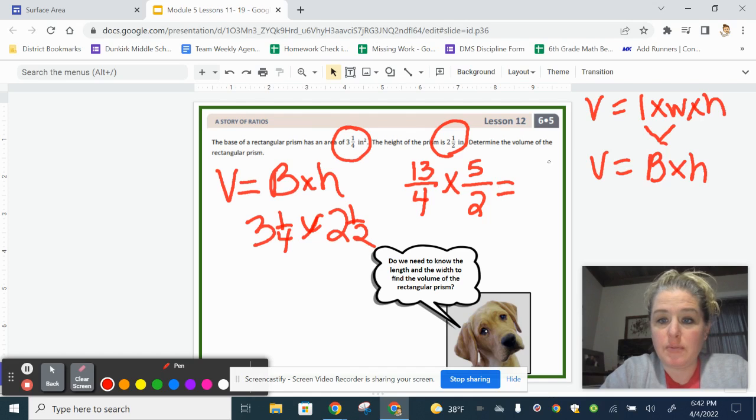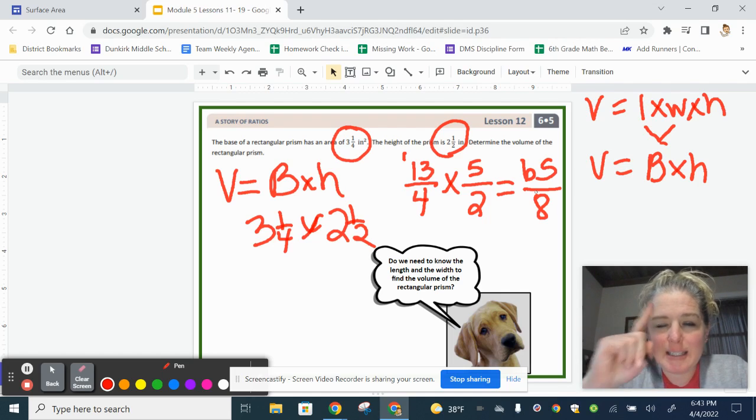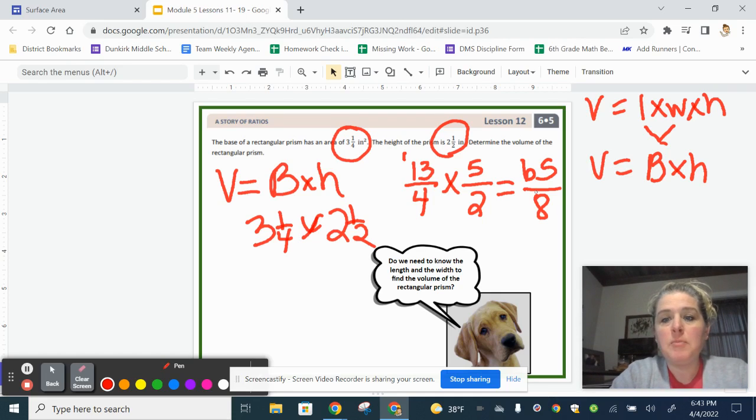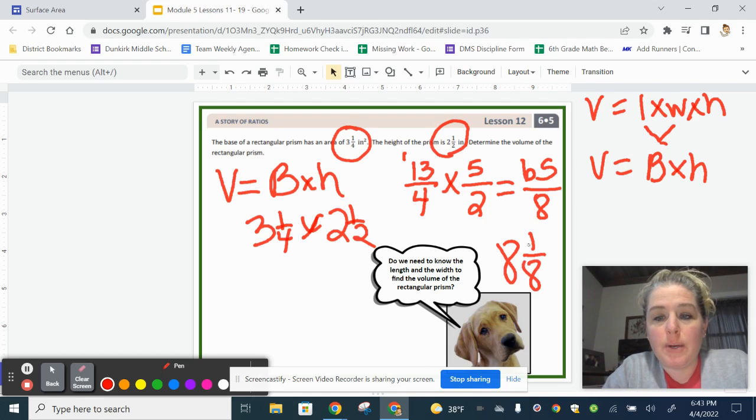Multiply through. 13 times 5. 5 times 3 is 15. Carry the 1. 5 times 1 is 5, plus 1 is 6, over 8. You must change it back to a mixed fraction, but this is one I like because I know my math facts, and 8 times 8 is 64, which gets me awfully close to 65. So I know I can take 8 whole groups out, and then I will have 1 left over, and my denominator always stays the same.